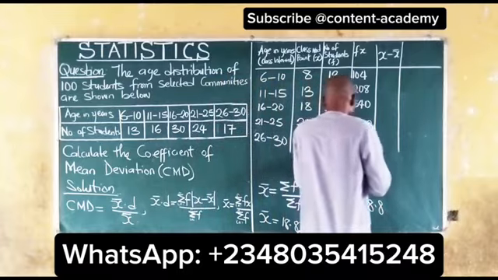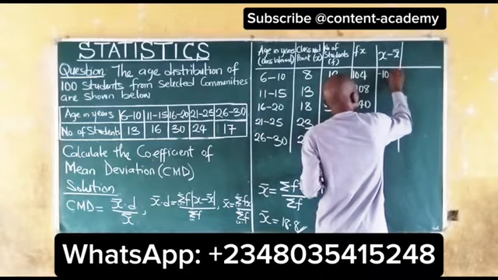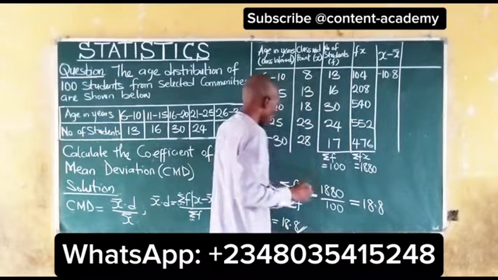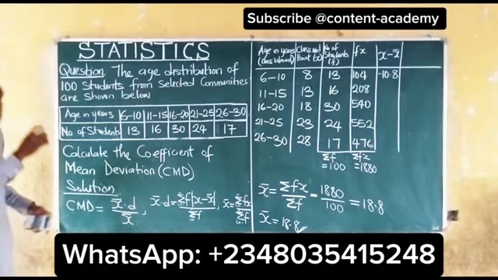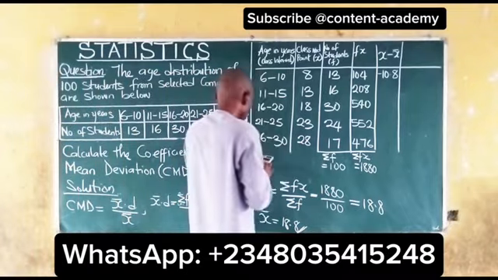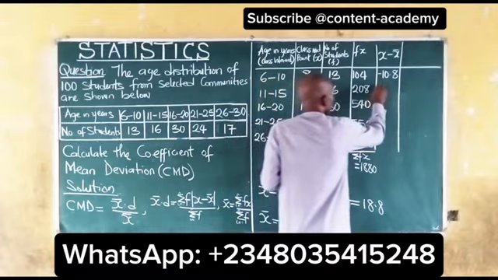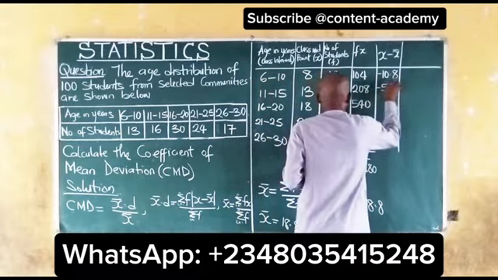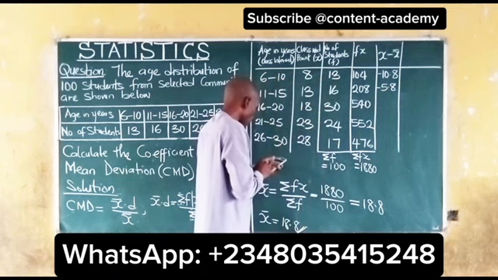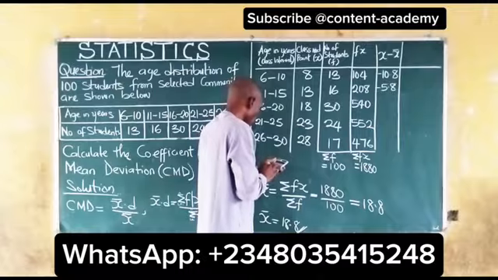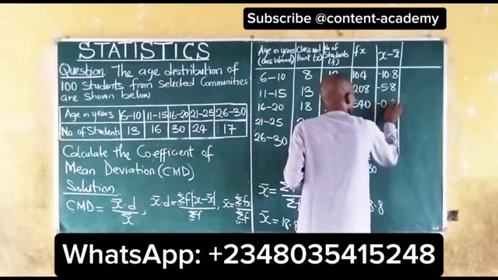We'll have negative 10.8. 13 minus 18.8, we'll have negative 5.8. 18 minus 18.8, we have negative 0.8.